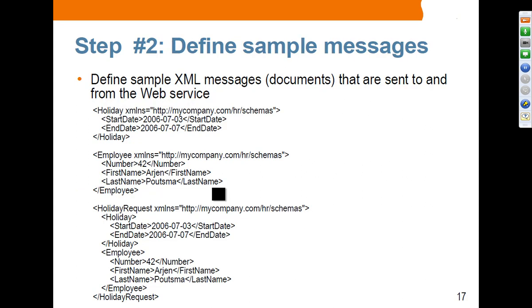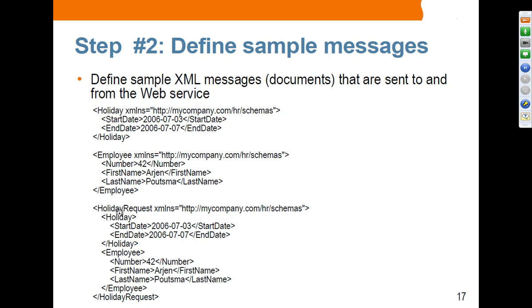In step number two, we are going to create a sample message. Here we are building a holiday service, like a hotel reservation service, with an employee and a holiday request. This is a holiday request for a particular employee. This is the XML message that we are going to send.